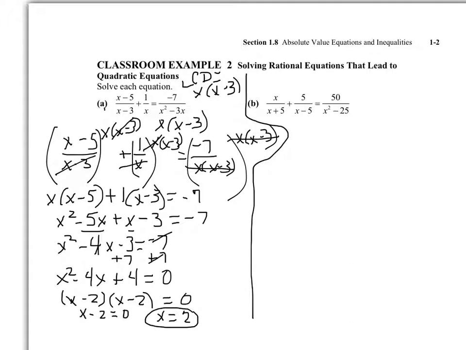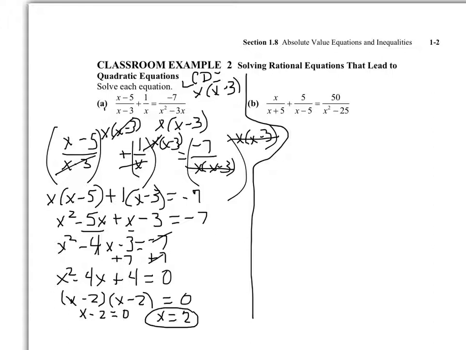And again, we should notice we've got two terms in each of these denominators. They're binomials. The first two are not going to factor. X plus 5 has no common factor but 1. X minus 5 has no common factor but 1. But notice x squared minus 25.